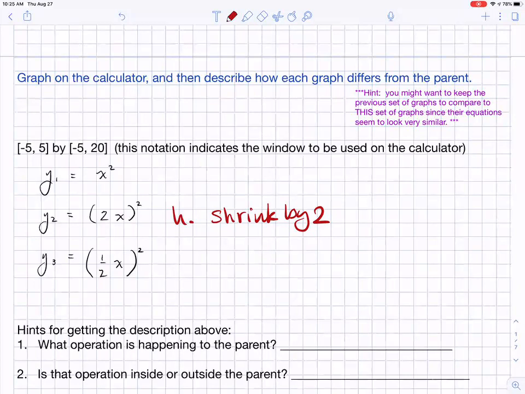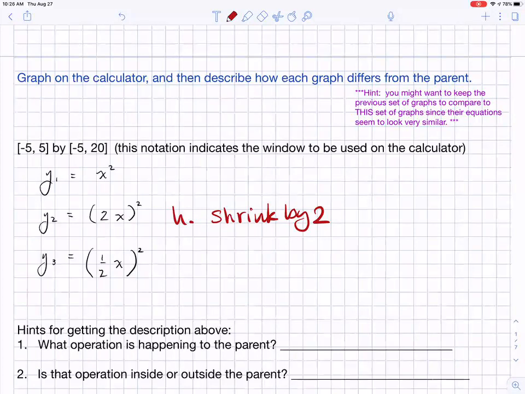Now, Justin, I want you to graph the third one. You already know something's happening horizontally because it's going on the inside of the parent. Now, in non-math terms, what happens? They got wider, right? So let's go back to the parent.